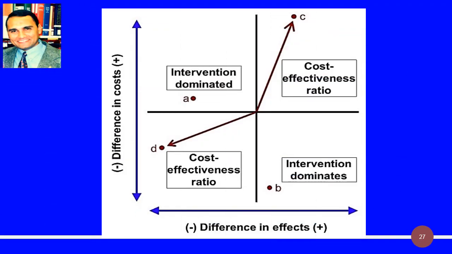This diagram shows the difference in costs and difference in effects with intervention: dominated, cost effectiveness ratio, and intervention dominates. So by this diagram we can analyze the costs and benefits of any control programs for any human population or animal population.